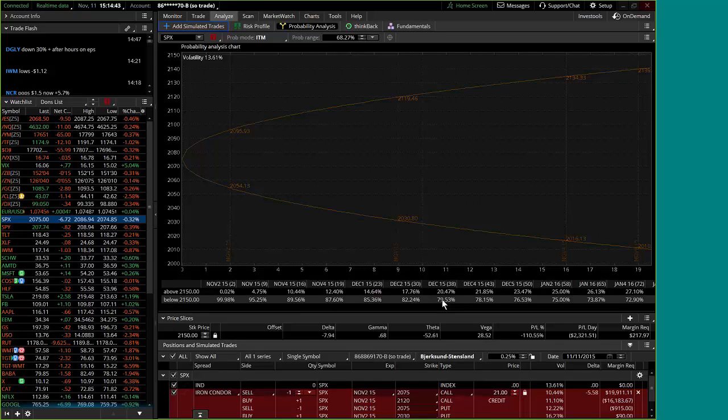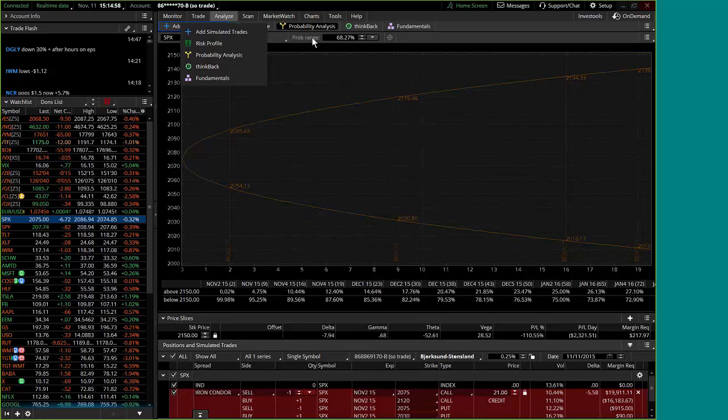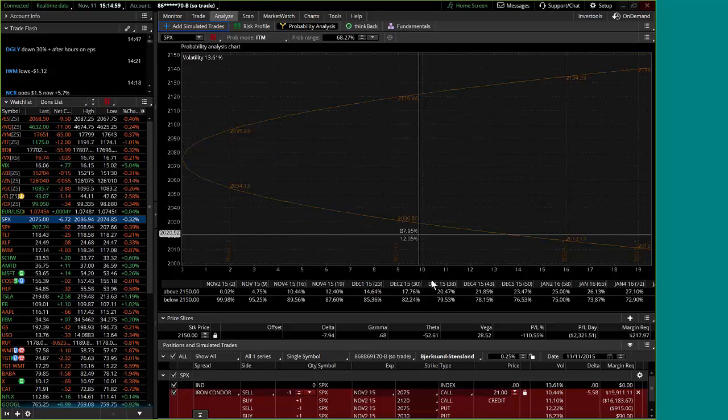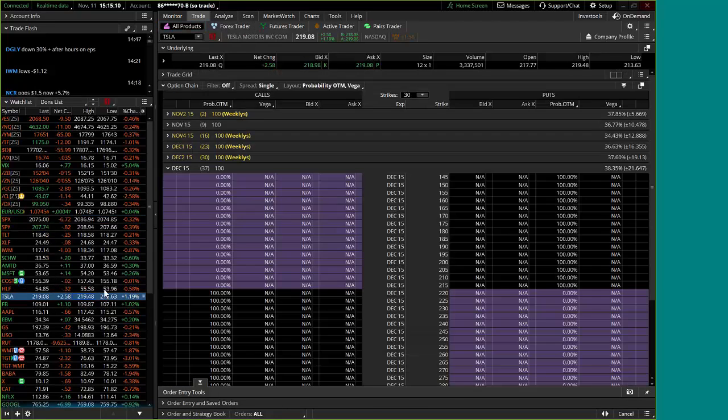Why? The SPX and index-related products, the spiders, the SPX, the Russell, the NDX, always have a lot of skew. The skew is what really screws up the probability much more. So when it comes to index and index-related products, I'll use the Analyze tab to figure out my probabilities. Most equity-related products have a lot less skew.